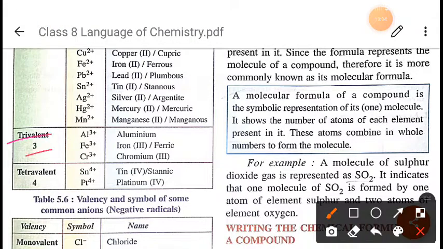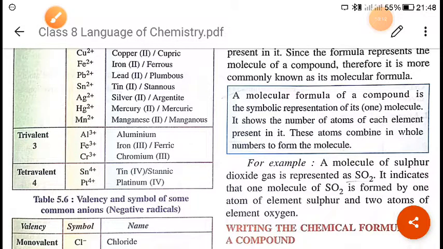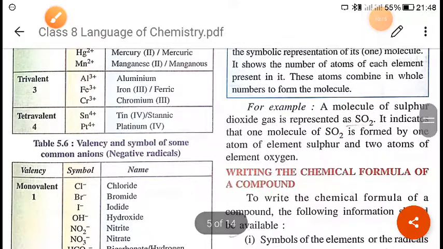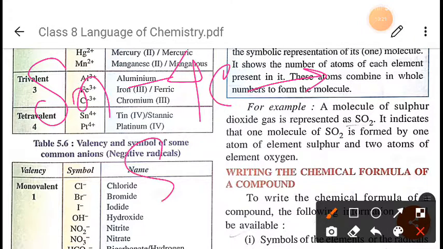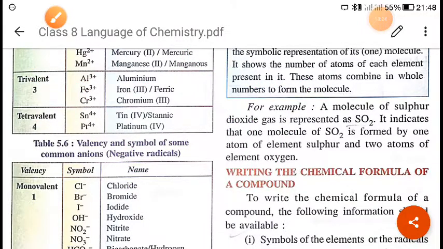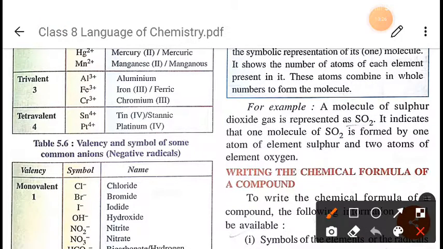Trivalent ones are Al3 plus, Fe3 plus, Cr3 plus. Next is tetravalent, which means four. If Sn gives its four electrons, it changes into Sn4 plus. This is called tetravalent, like stannic, tin or platinum.